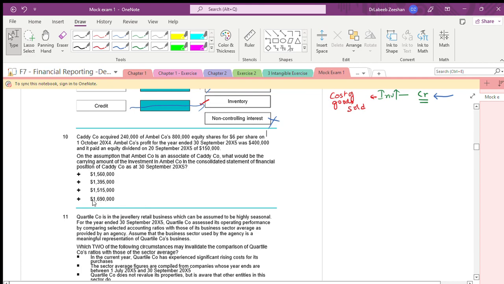What it says: Caddy acquired 240 thousand Amble equity shares, for $6 each.